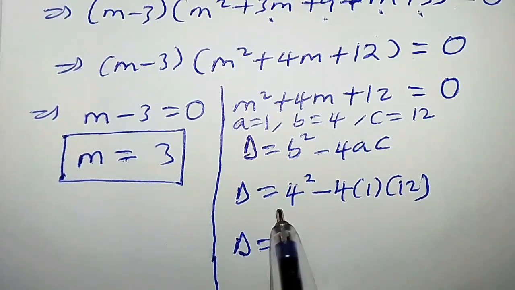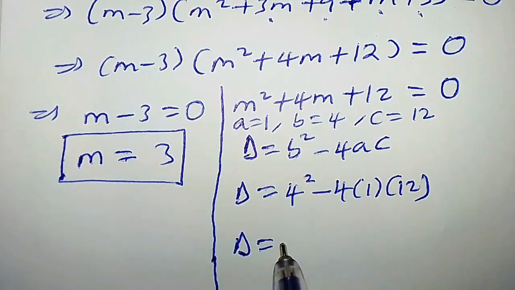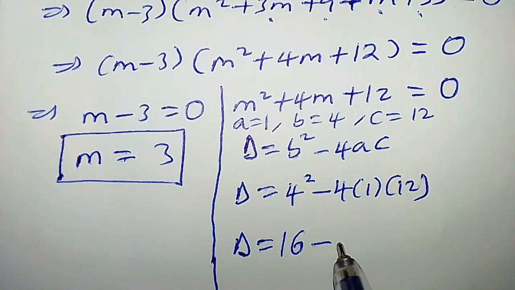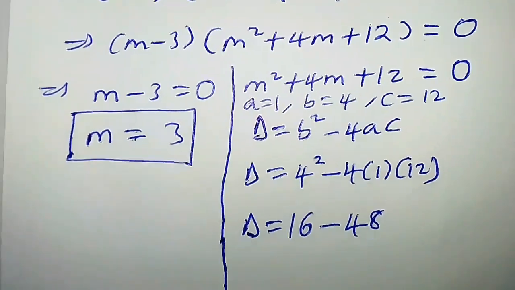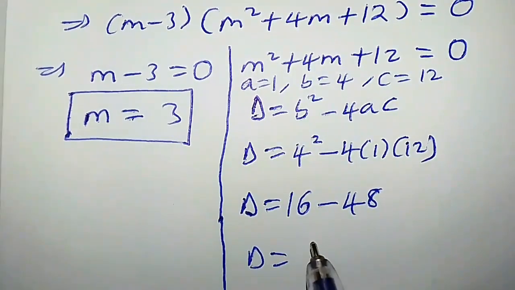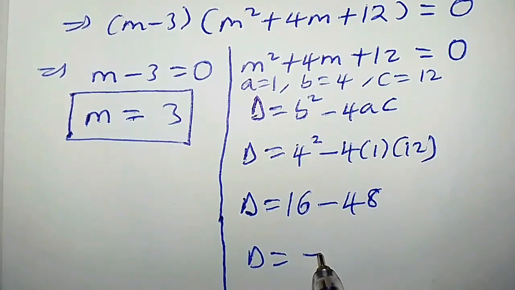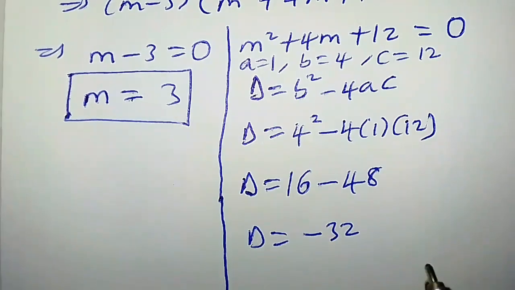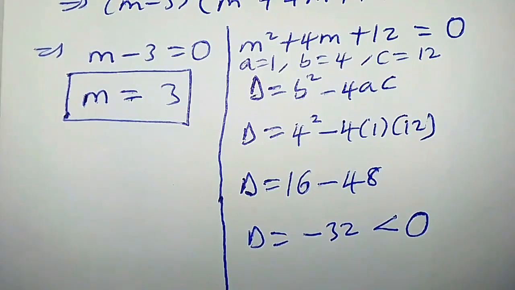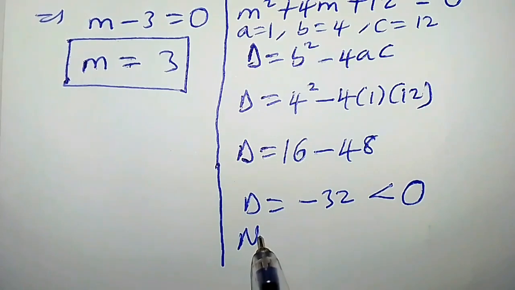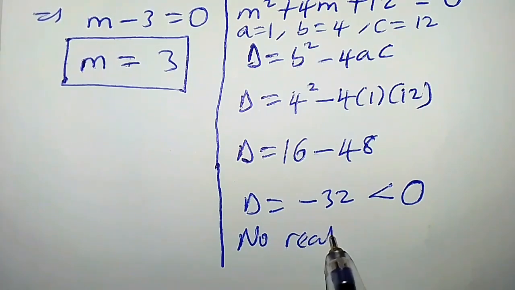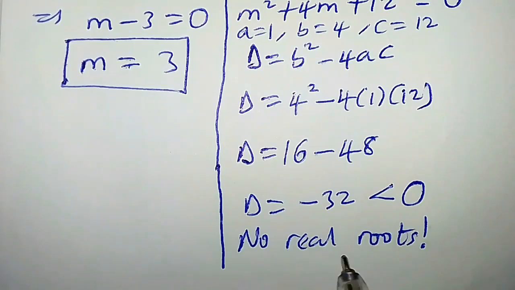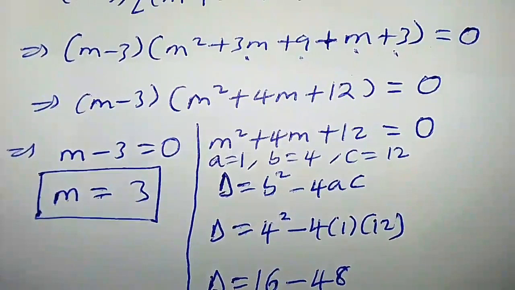D equal to 4 square, that is 16, minus 4 times 1 times 12, that is 48. D equal to 16 minus 48, that is minus 32. Since the value of discriminant is less than 0, that means no real roots. There is no real root for this quadratic equation.